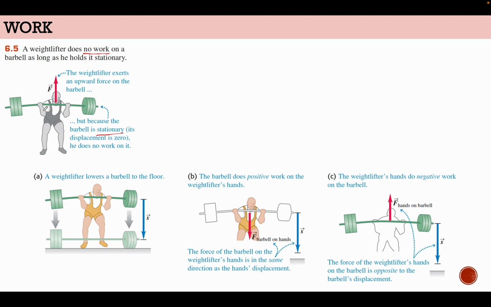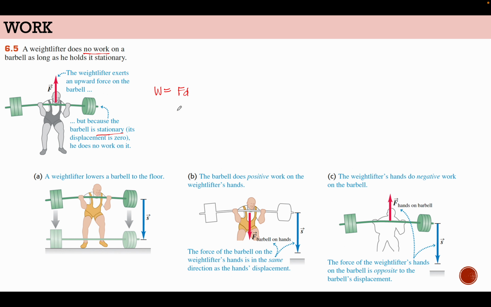So even if, for example, you're exerting 1,000 newtons of force, but you are just holding the barbell, there is no displacement. So even if you have a force, our work will still be 0.